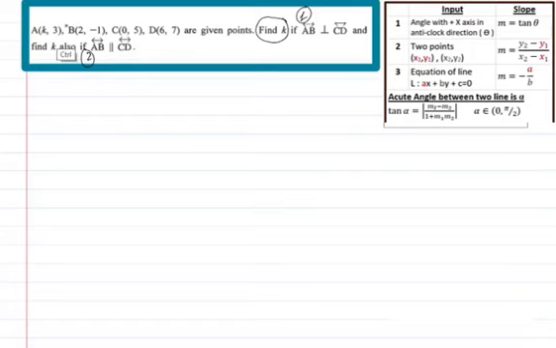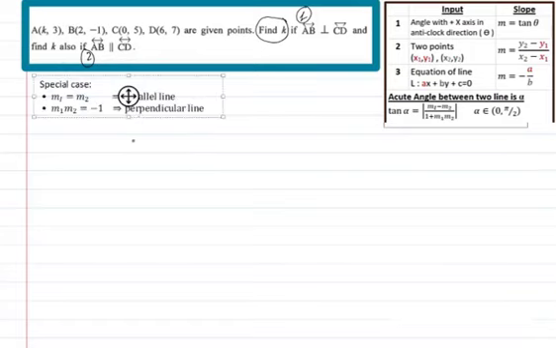Now, we all know that if lines are parallel to each other, then their slopes are equal. And if they are perpendicular to each other, then the product of their slopes will be -1. So to use this property, first of all, we have to find the slope of AB as well as CD. So let's begin our sum.